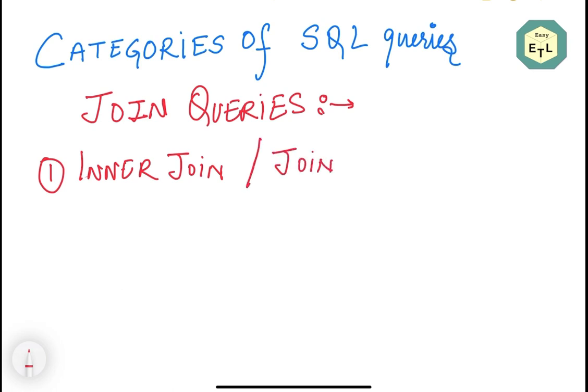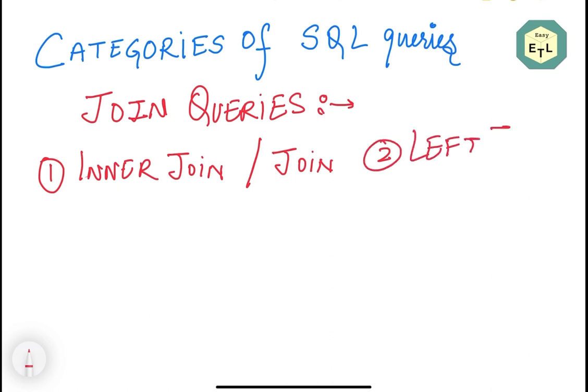If you do not mention inner as well, the default version for just the join keyword is the inner join. So it helps you to retrieve rows that have matching values in both the tables. If any of the tables is missing one particular value, no result will be returned in that case, right? So the values need to be matched in both the tables based on the join key that you are using, right?